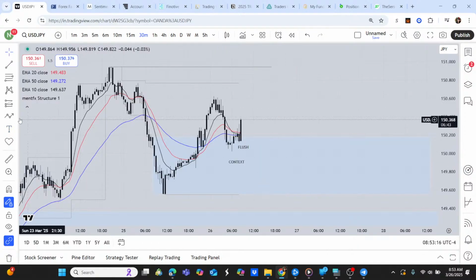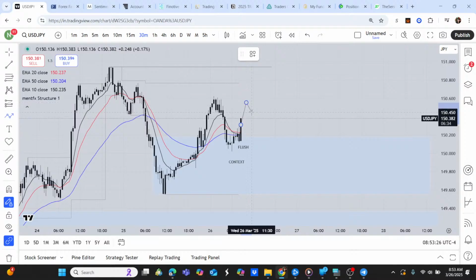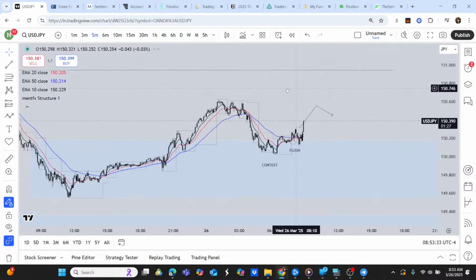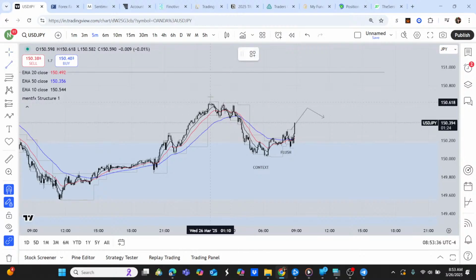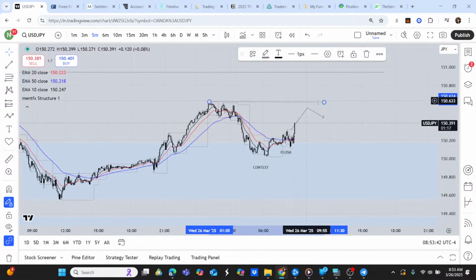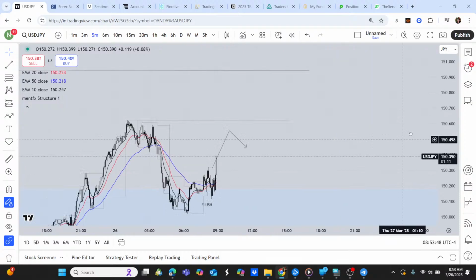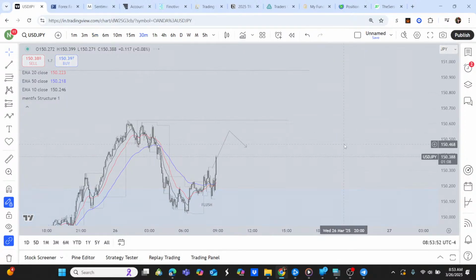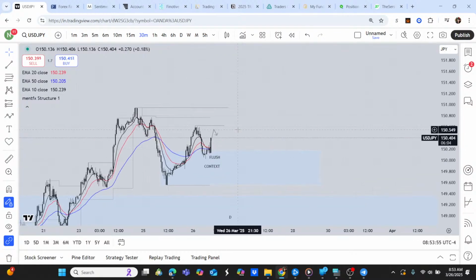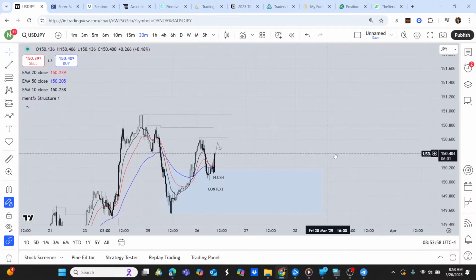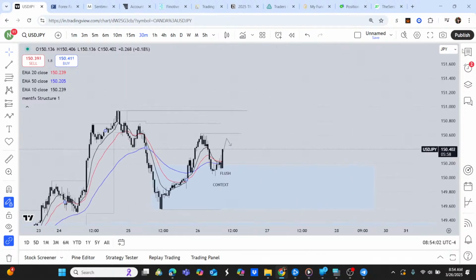So if price can basically come back out a little bit more, pause nicely against the 10 or 20, I'll look at what kind of opportunity lies inside of that because I'm expecting the highs to be cleared overall for USD JPY. Yeah, I'm expecting the highs to be cleared overall.